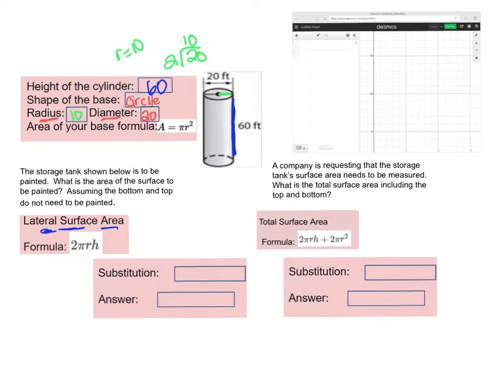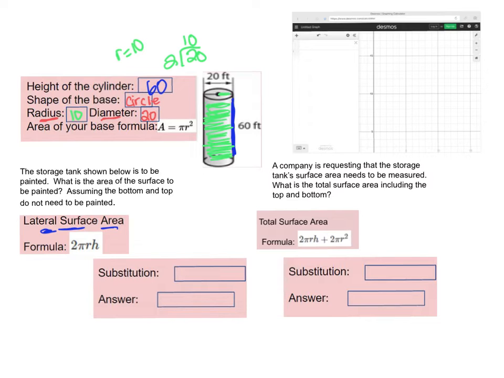All right, so now we have all our information to be able to determine the lateral surface area, which is just the part around this storage tank, not including the top and the bottom. So let's go ahead and calculate this out.